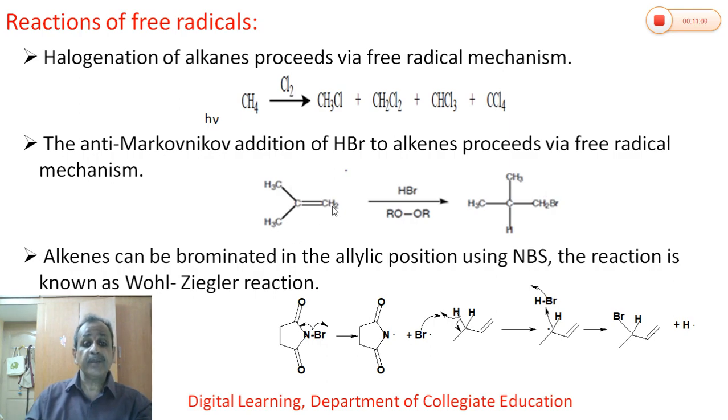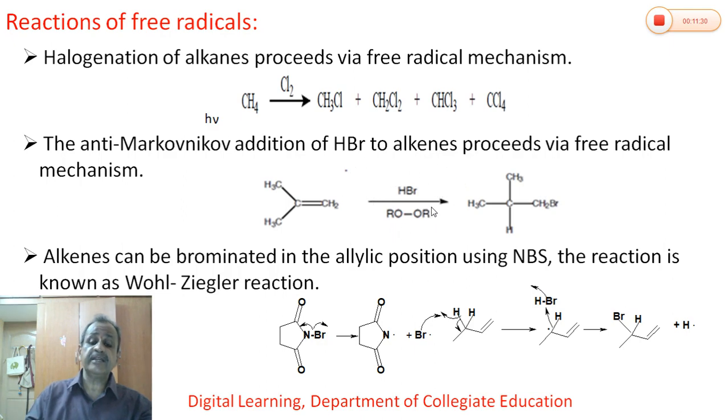This should be Markovnikov addition. But here, anti-Markovnikov addition means opposite to Markovnikov addition; hydrogen bromide is added to this unsymmetrical alkene to form a product where bromine goes to the less substituted carbon and hydrogen goes to the more substituted carbon. So therefore, it is CH3, CH, CH3, single bond CH2, Br.